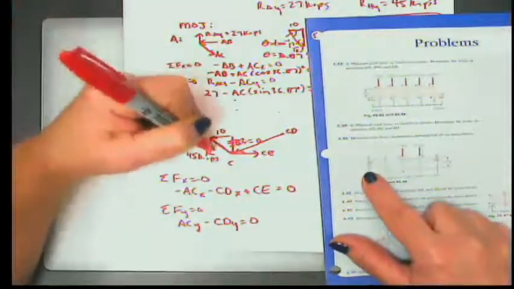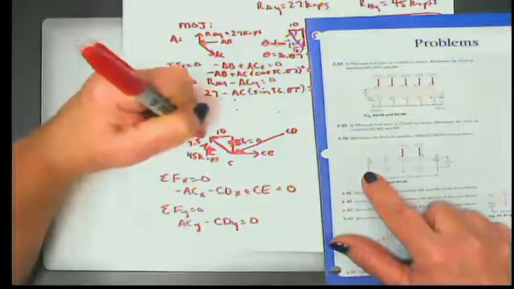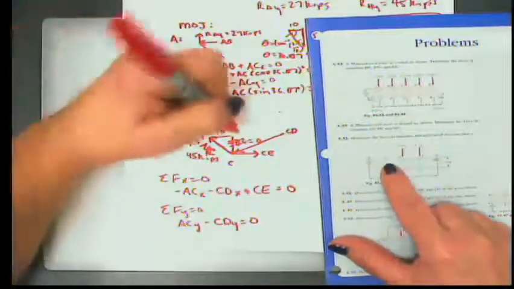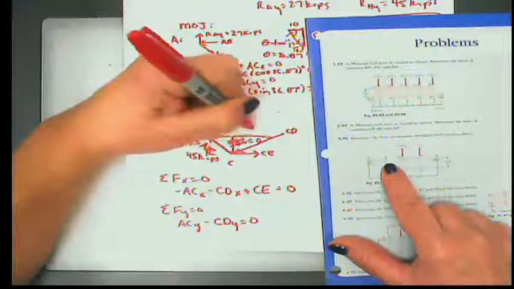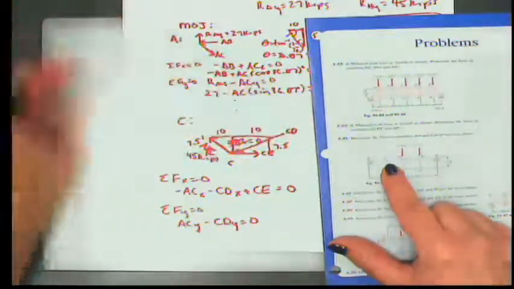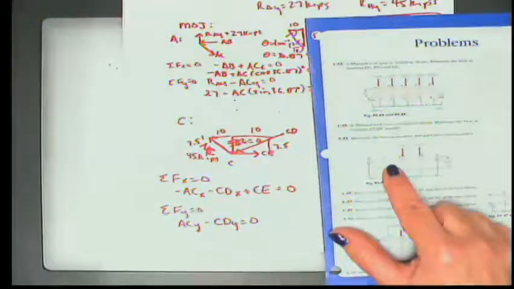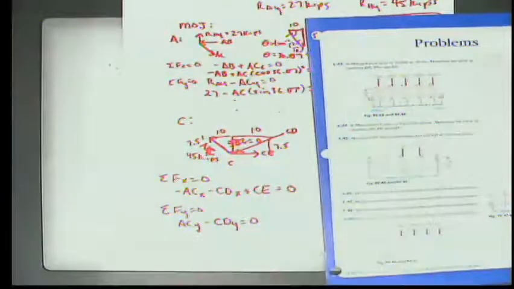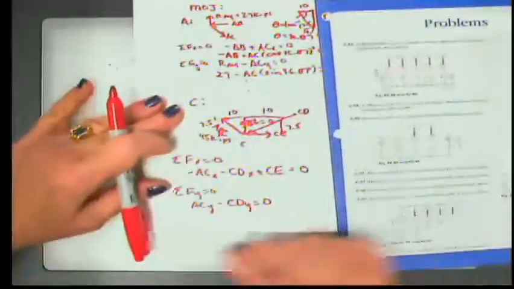And the distance from here to here is 7.5 feet. Similarly, the distance from here to here is 10 feet, and the distance from here to here is 7.5 feet. So one thing you may see is that there's a lot of symmetry there, but we're just going to go ahead and work out the math anyway.